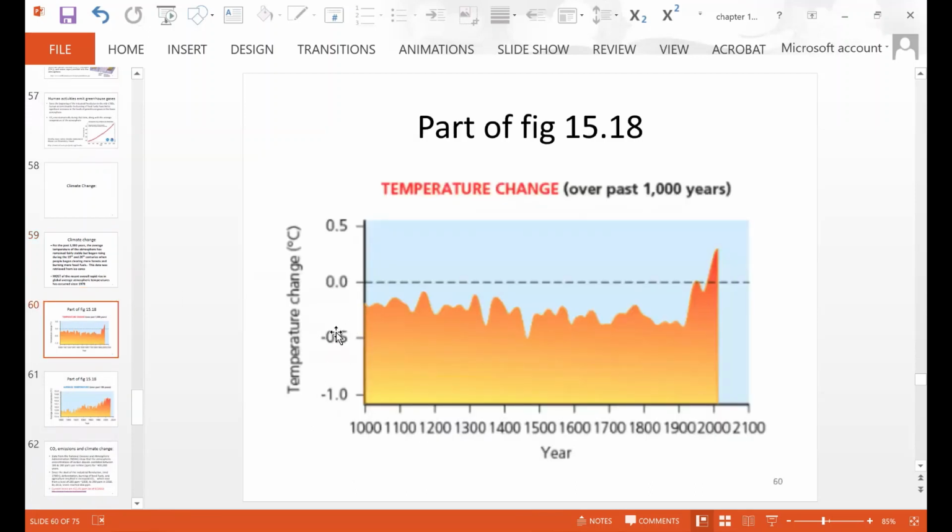So here is a graph. It shows temperature change from 1,000 years to a little bit over the year 2000. And it shows you all of a sudden right here, a drastic increase in temperature.